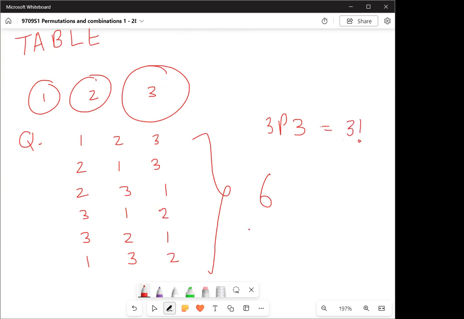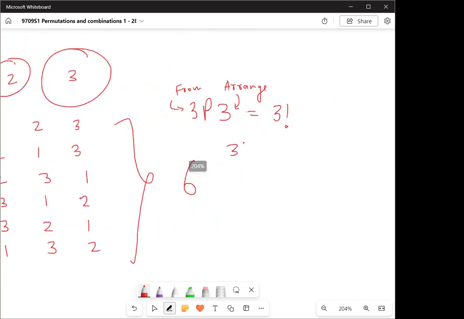What is the meaning of this p? It means from three objects, arrange three objects. And the formula would be 3 factorial over (3 minus 3) factorial, which would be 3 factorial.